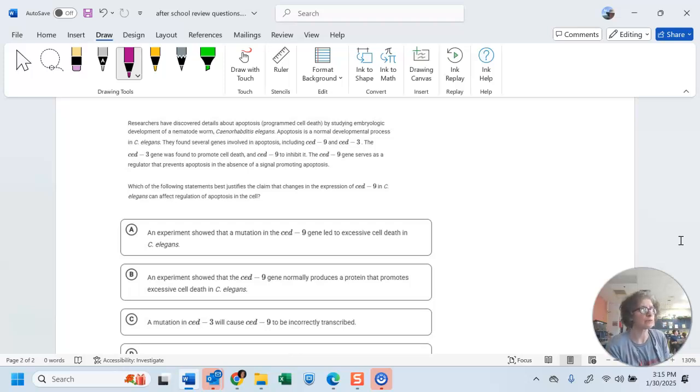So apoptosis definitely has its uses, both in fetal development and in protecting you from cells that have gone rogue. So another reason why we would have apoptosis, programmed cell death, is if something wrong is detected in a cell. There's a mistake in the DNA. There's a mutation there that might be dangerous. If a cell detects that and it can't correct the mutation, it will initiate apoptosis so that that cell dies, which is a good thing because that cell might have become cancerous.